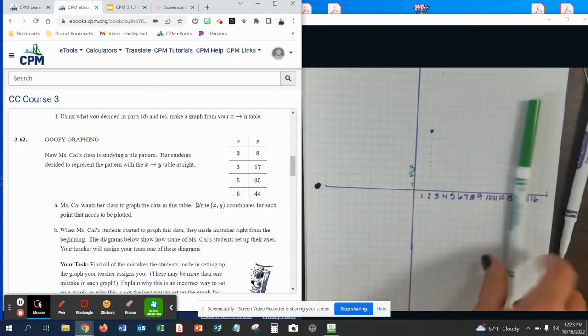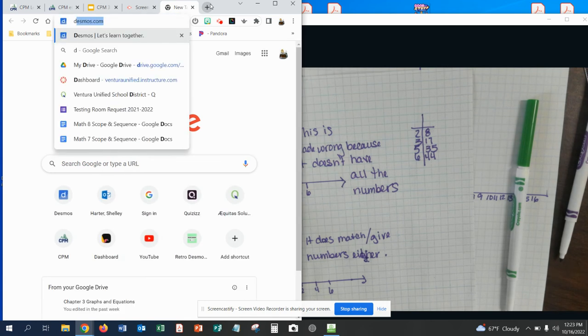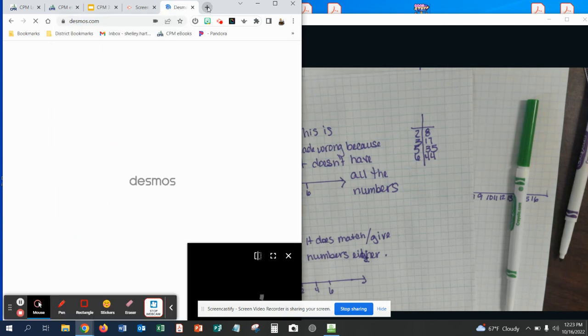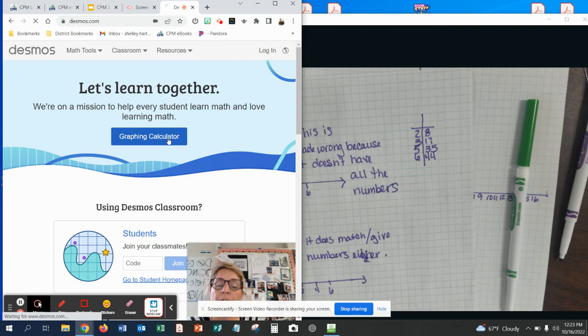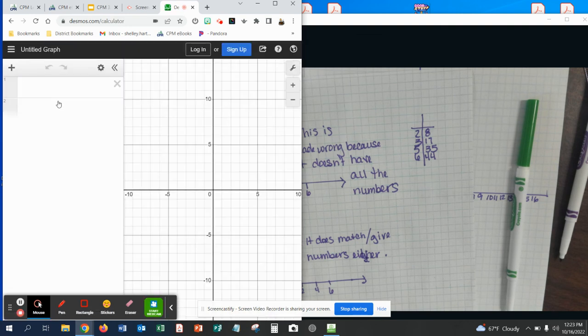Or you can go to your handy dandy graphing calculator, which we could go to now. Please take your time and start doing this. Go into Desmos, go to your graphing calculator. Don't look at my face. Go to the plus sign, get your table, and go 2 and 8.